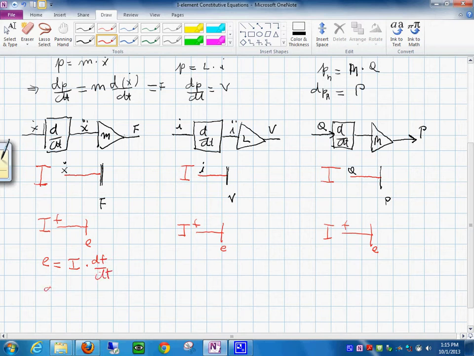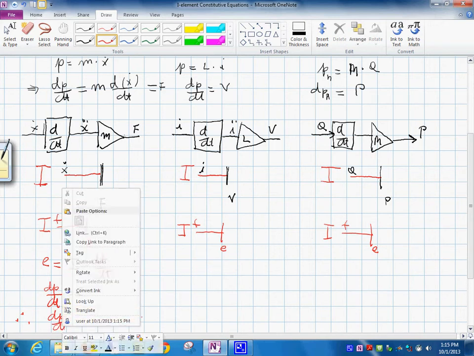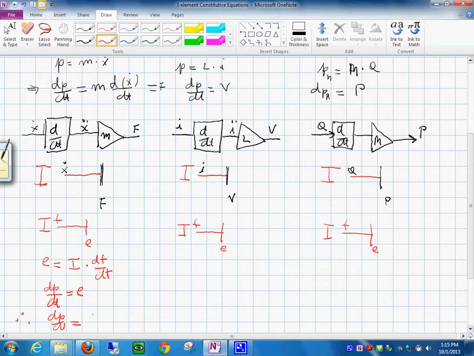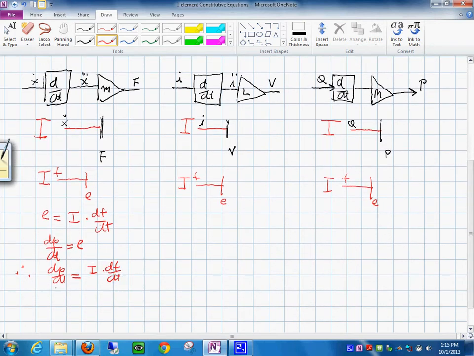You know that dp dt is equal to E. Consequently, the derivative dp dt is going to be equal to I times df dt. So you see, it ends up with the derivative on the right hand side. This is the constitutive equation for the I element in derivative form.